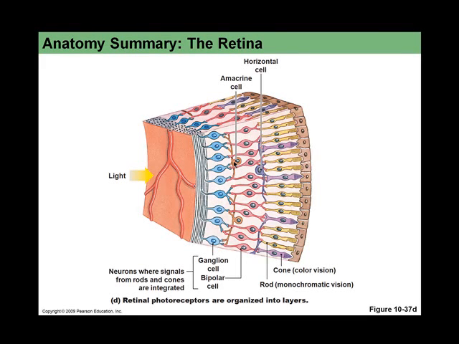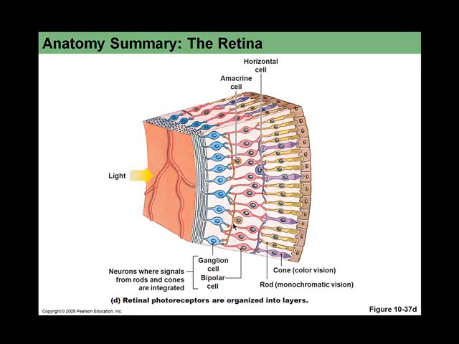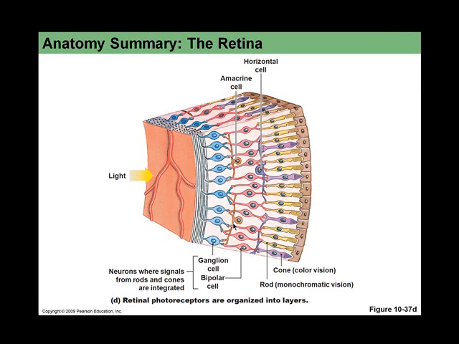There are two other cellular populations for local integration within the retina. Those that innervate, let's just say, the ganglion cells, and those that innervate the bipolar cells are the amacrine cells and the horizontal cells. There's obviously much more detail to the anatomy here, and even the function of the horizontal and amacrine interneurons within the retina, and that's beyond the scope of our course.